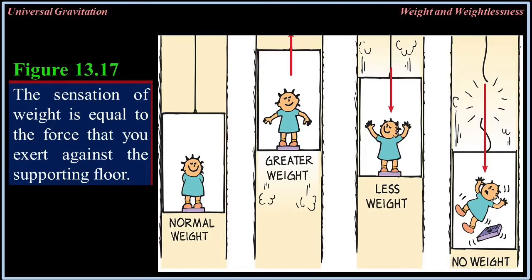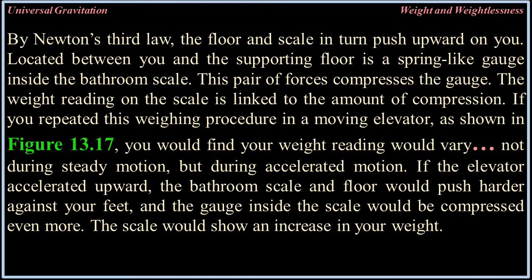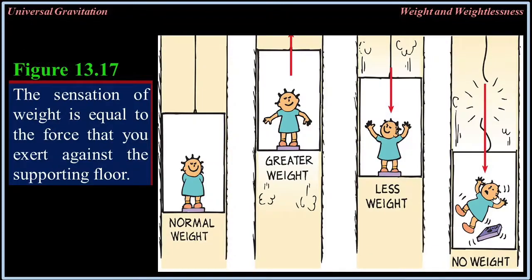If the elevator accelerated upward, the bathroom scale and floor would push harder against your feet, and the gauge inside the scale would be compressed even more. The scale would show an increase in your weight. Figure 13:17, the sensation of weight is equal to the force that you exert against the supporting floor. Consider this figure very carefully.